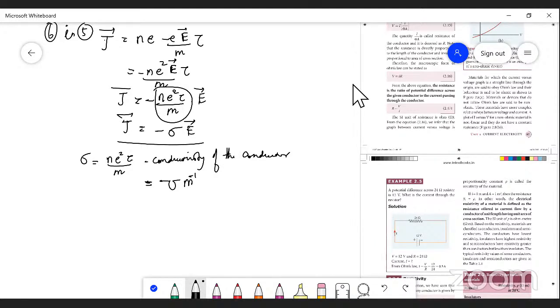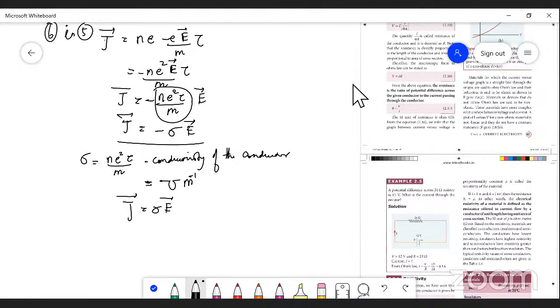By convention, if we apply the conventional idea, we can write this expression without the negative sign, like J vector equals sigma into E vector. Why? Conventionally, we say the charges tend to move in a direction opposite to the electric field.